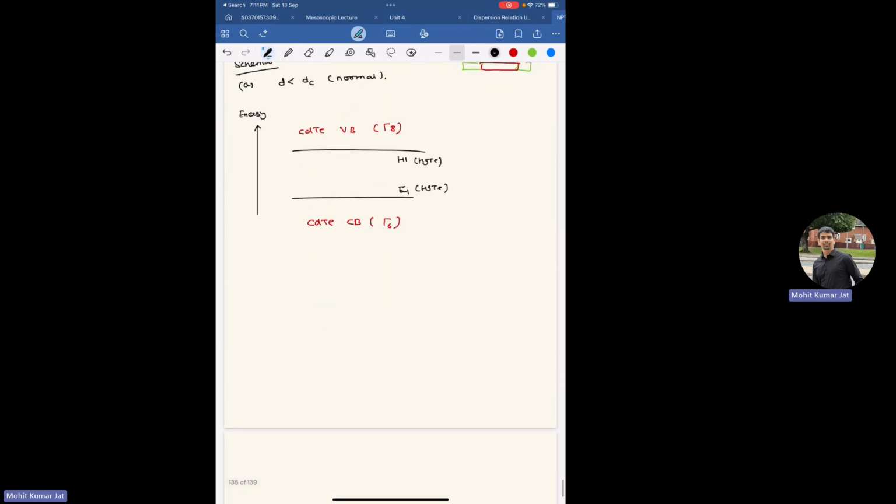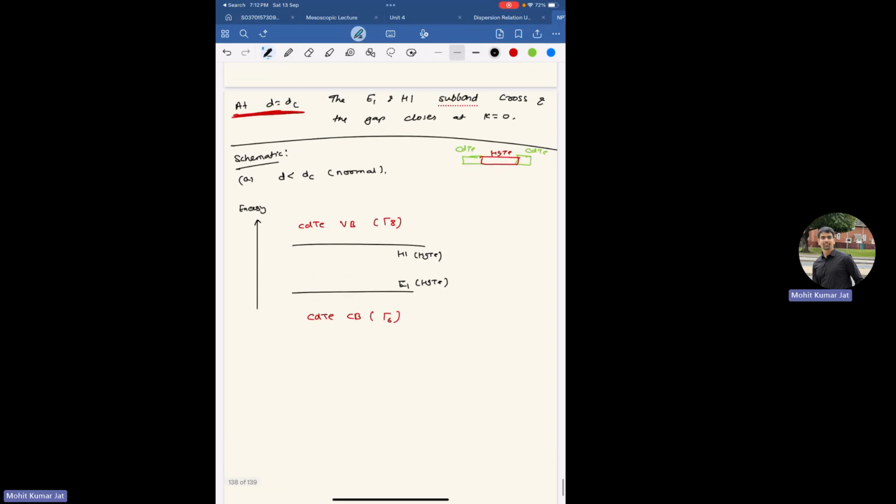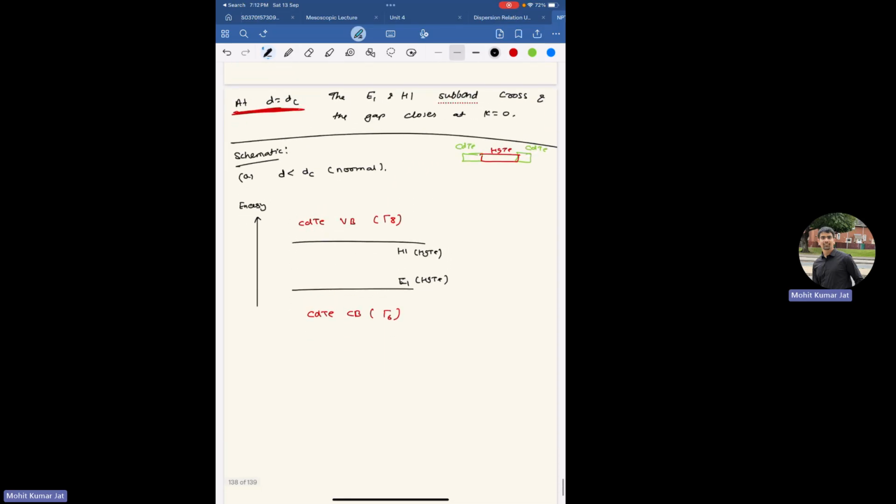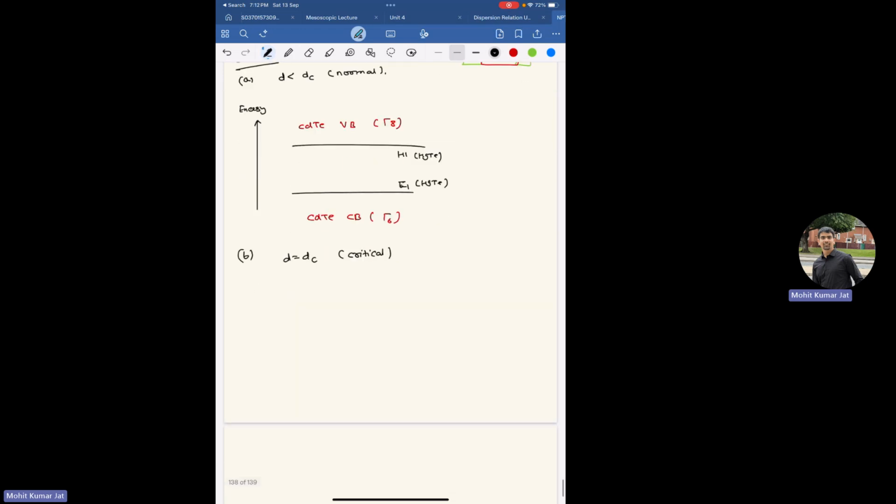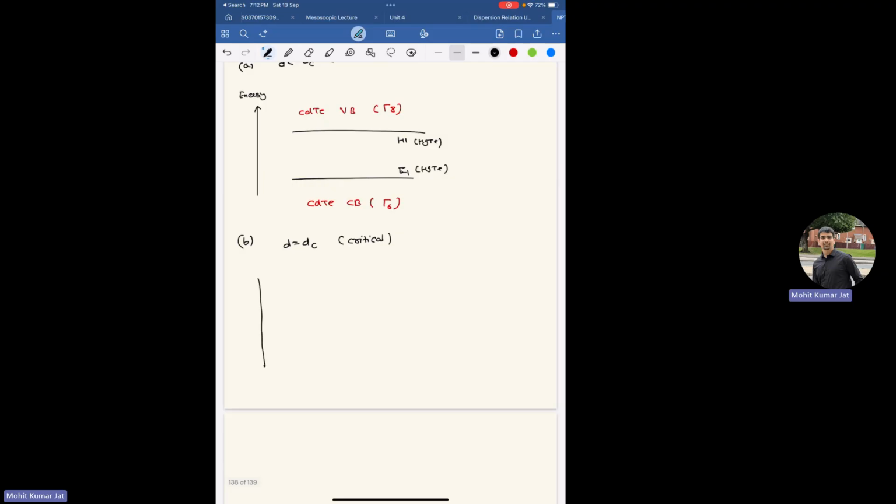Now for D equal to DC, this is critical. This is your energy. You have your CdTe valence band. Here you have your CdTe conduction band.